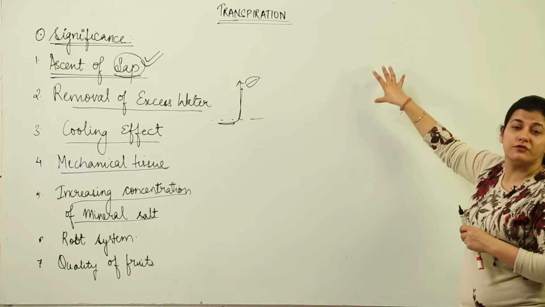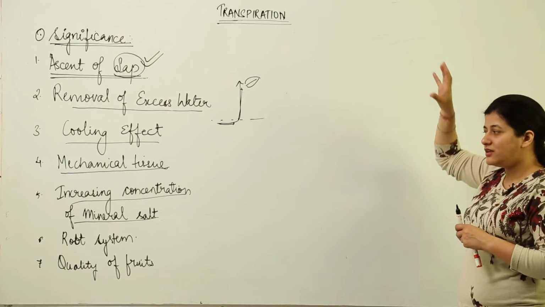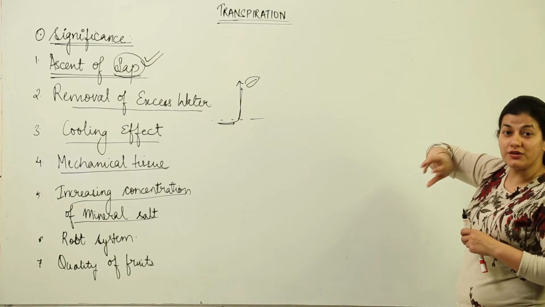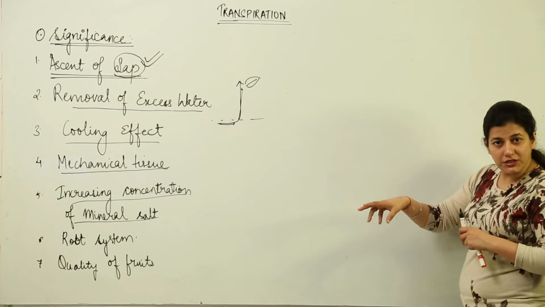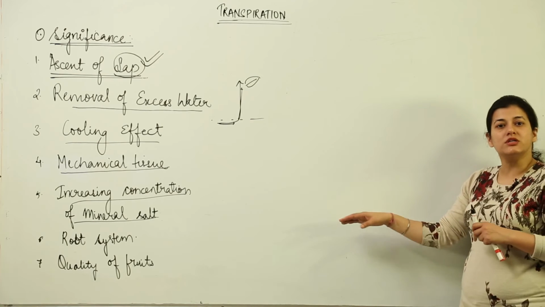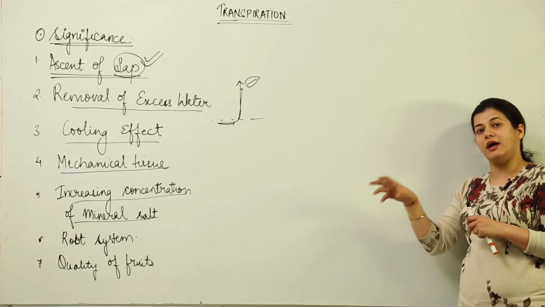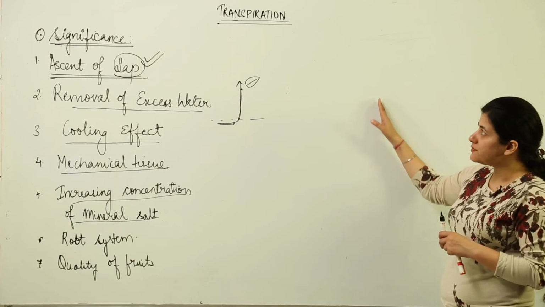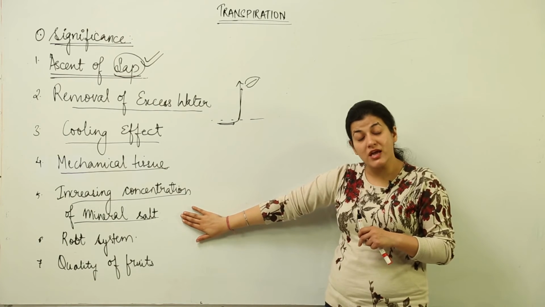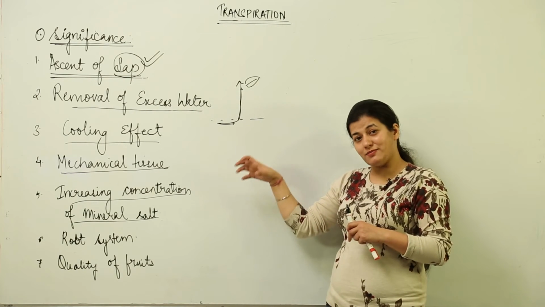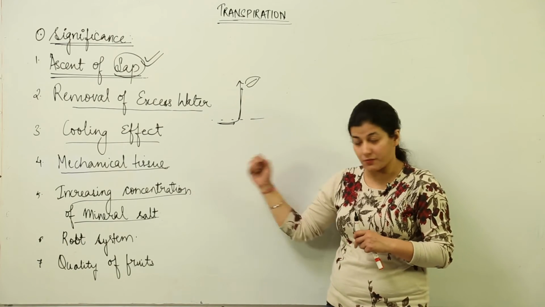But because of transpiration, the water is being lost, the sap becomes concentrated, and the concentration of the mineral salts is increased, and that much concentration is required for basic plant activities. So in a way, transpiration is helping in increasing the concentration of mineral salts by getting rid of the water, that means by decreasing the solvent content and increasing the number of solutes which are present.